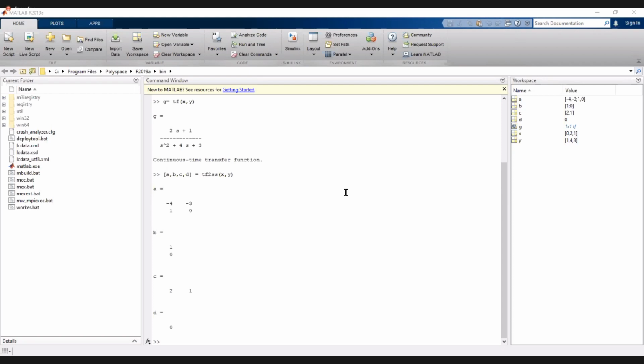Now, there are some things that we need to be able to find. So, for example, is this system stable? Then we'd have to find the roots of the characteristic equation. So just type in z equal roots.